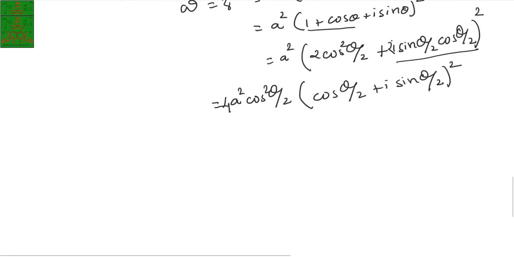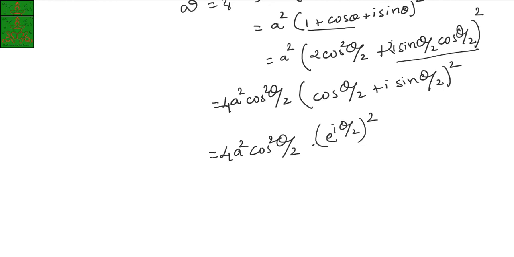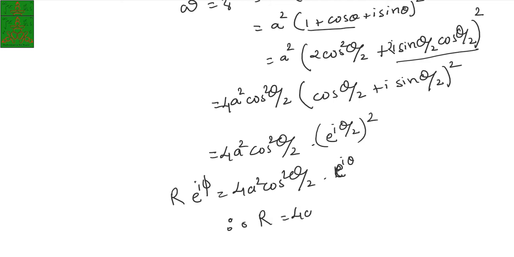So that's why we have 4a square cos square theta by 2 into (e power i theta by 2) whole square, and that will give you 4a square cos square theta by 2 into e power i theta, and that is equal to r e power i phi. Therefore r is 4a square cos square theta by 2, and this cos square theta by 2 we just write as 2a square (1 plus cos theta).